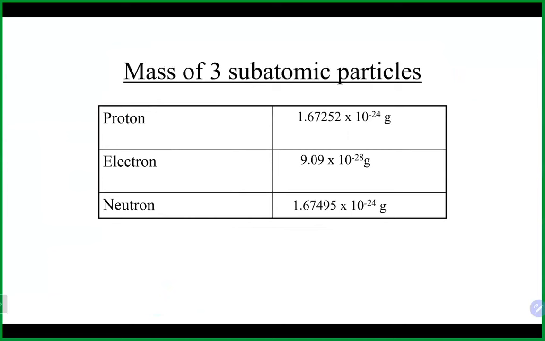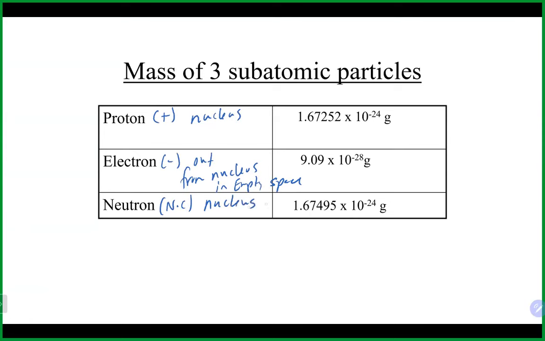That also reinforced the idea of the nucleus being most of the mass of the atom, because both the proton and the neutron are about 1,800 or so times heavier than any electron. So again, the proton is positively charged in the nucleus, the electron is negatively charged out from the nucleus in that empty space, and the neutron has no charge and sits in the nucleus.